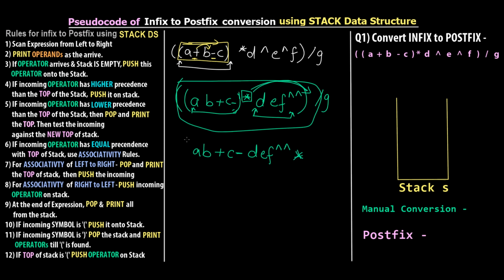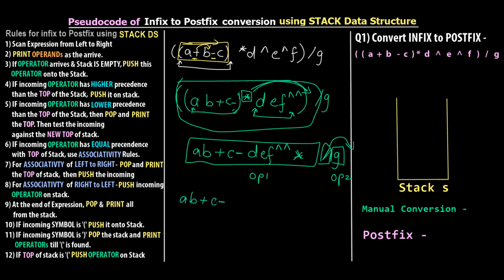And then this entire expression will be divided by G. So this is OP1 and this is OP2 and this is the operator left, so this will come over here. So lastly the final conversion will be AB+C-DEF^^*G and then the divide operator. So this is going to be the final answer.